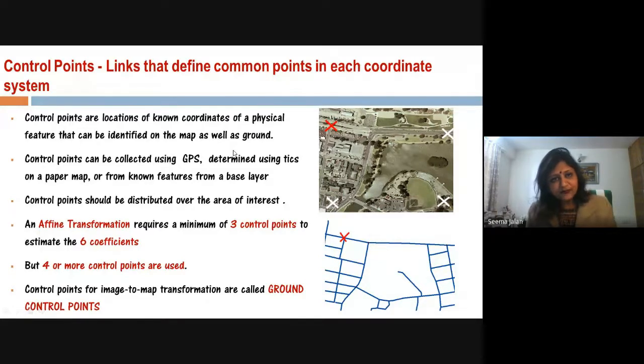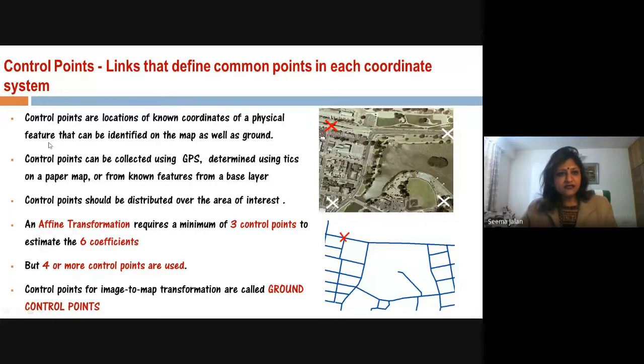Such points for which you have both these types of coordinates are known as control points, because you have the ground real world coordinates for these points. You call them ground control points.